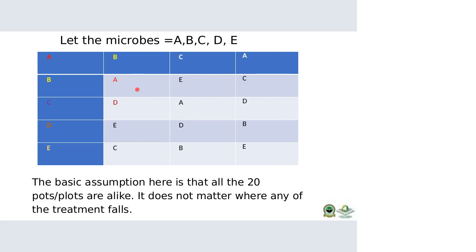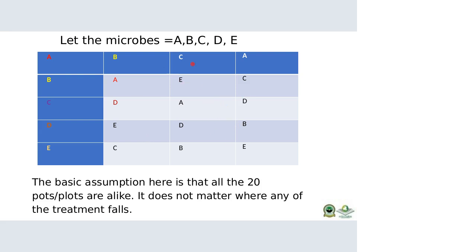So we have to randomize all these plots. If you look at this, we have A1, A2, A3, and A4. This is replicate 1, this is replicate 2, this is replicate 3, this is replicate 4. Each of these treatments will occur 4 times within this experimental unit.